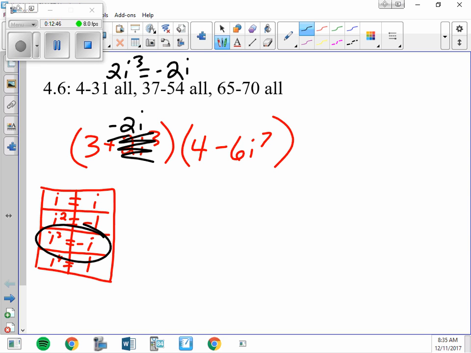Okay? Well, what about i to the 7th? I don't have i to the 7th in here. But the pattern continues. So i to the 5th is going to be i, and i to the 6th is going to be negative 1, and i to the 7th is going to be negative i.